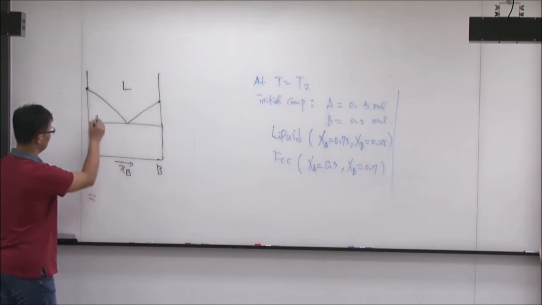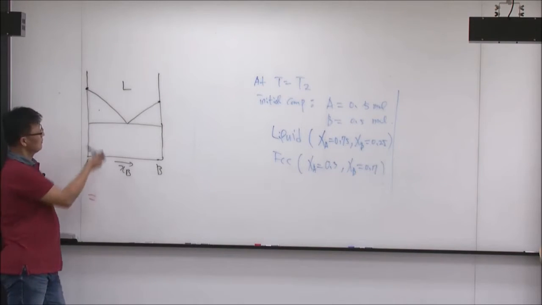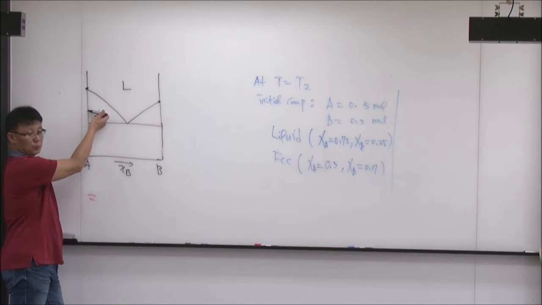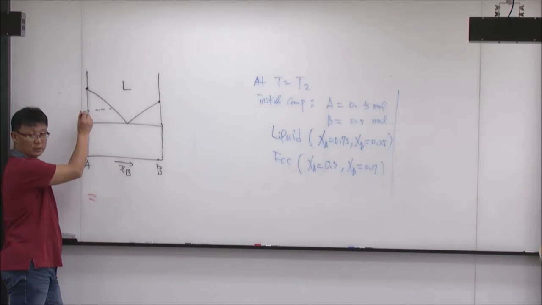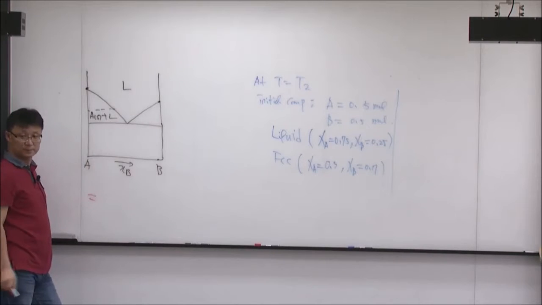Okay, so now at this point, what kind of phase do I have? Left side, what phase do I have? So this side, A solid, this side, liquid. So this is A solid plus liquid.